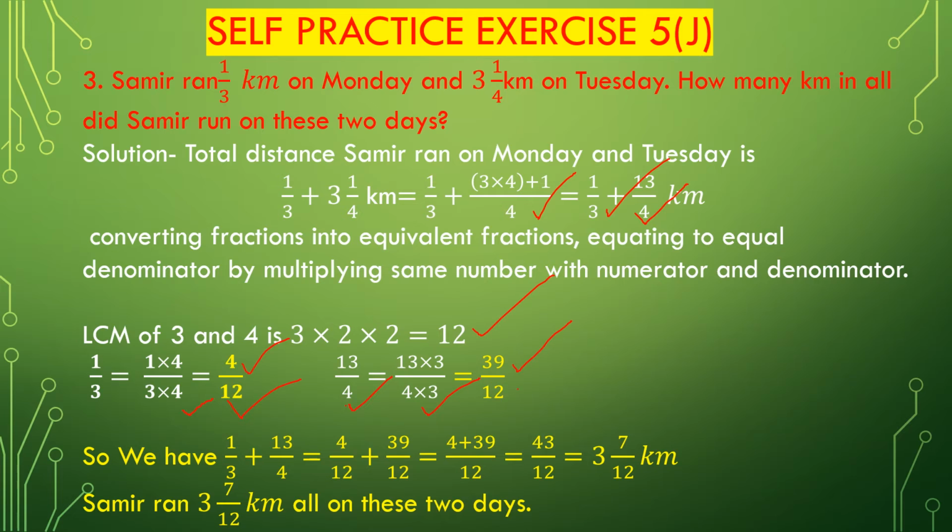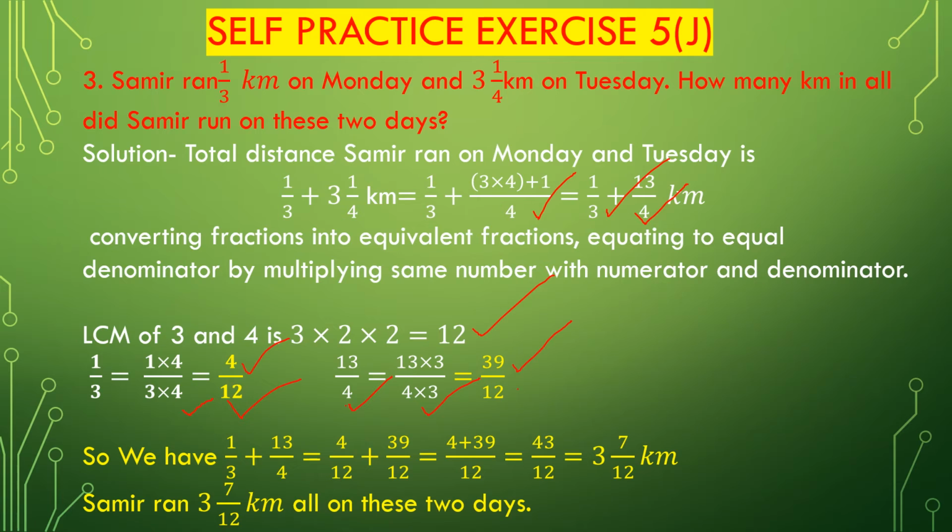So 39 divided by 12 is an equivalent fraction of 13 divided by 4. Now we get 4 divided by 12 and 39 divided by 12, both having the same denominators. Now we add these equivalent fractions.